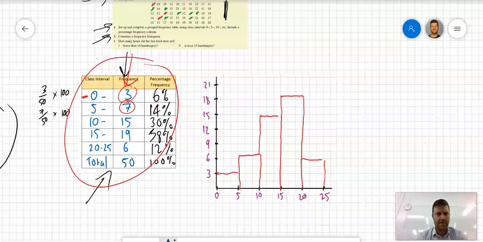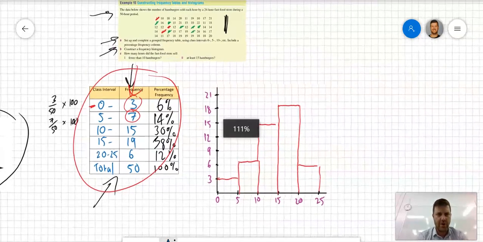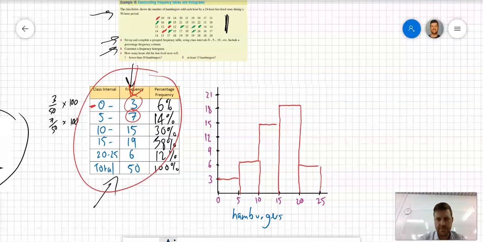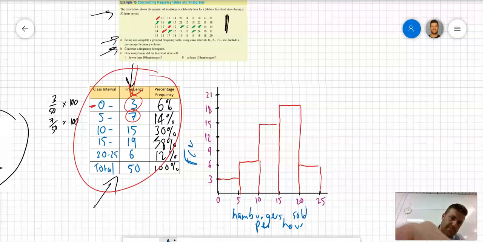Remember, it's representing the number of hamburgers sold each hour, or hamburgers per hour. And across the y-axis, I'm going to have the frequency. Alright, and there you go.